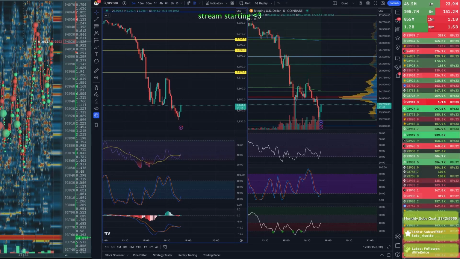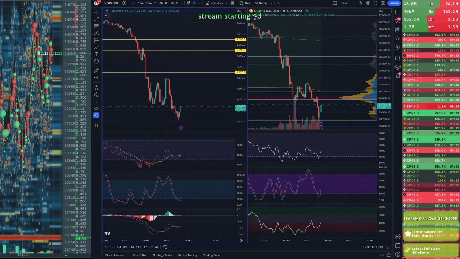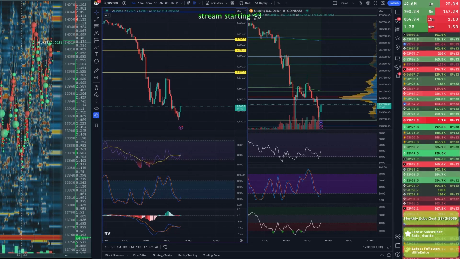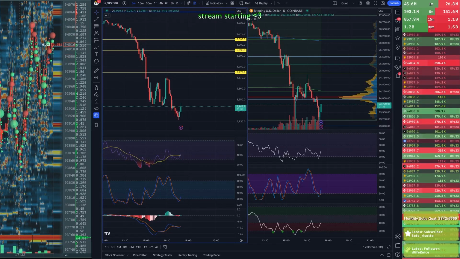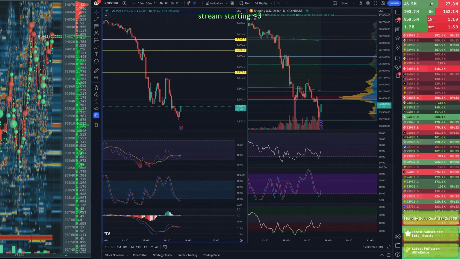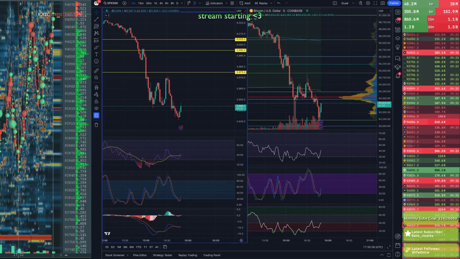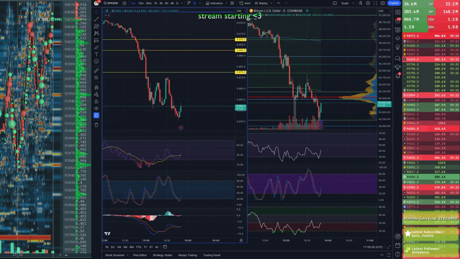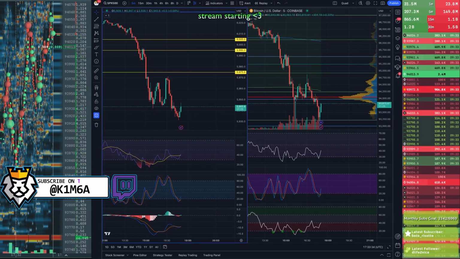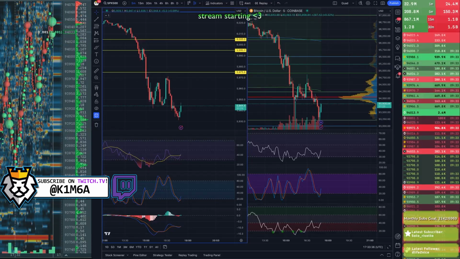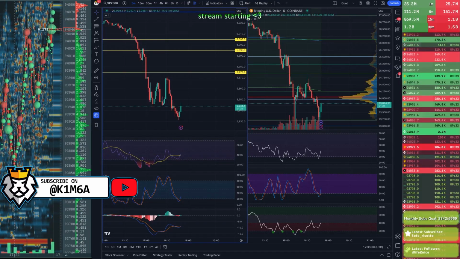Because let's be real, there are going to be hundreds of lions that had longs, and even though I said this is how a bearish scenario would play out, they still didn't close their long. In the Discord, I gave pretty much pixel for pixel, structure for structure.